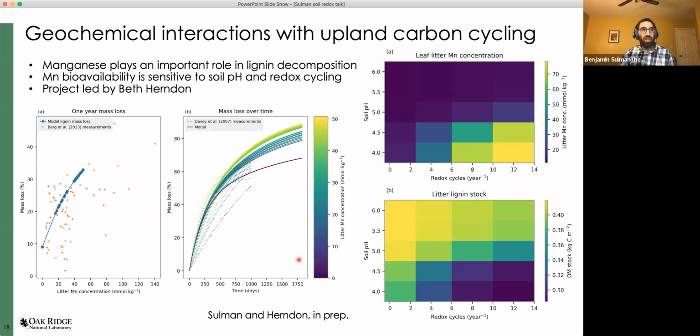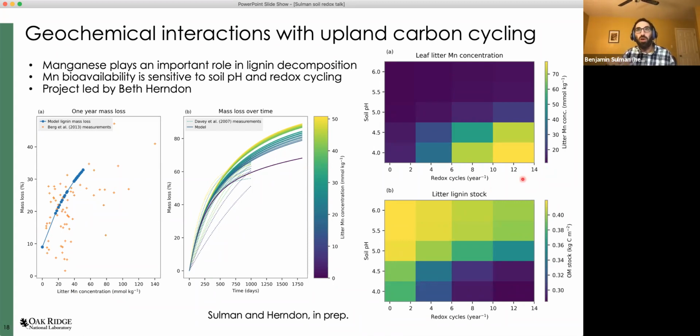So these are just some preliminary simulation results. We can compare some model simulations of litter mass loss to manganese concentration in the litter. And then these are looking at the interaction of soil pH, which controls the solubility of manganese-bearing minerals, and the average oxygen availability, or the average redox state of the soil.